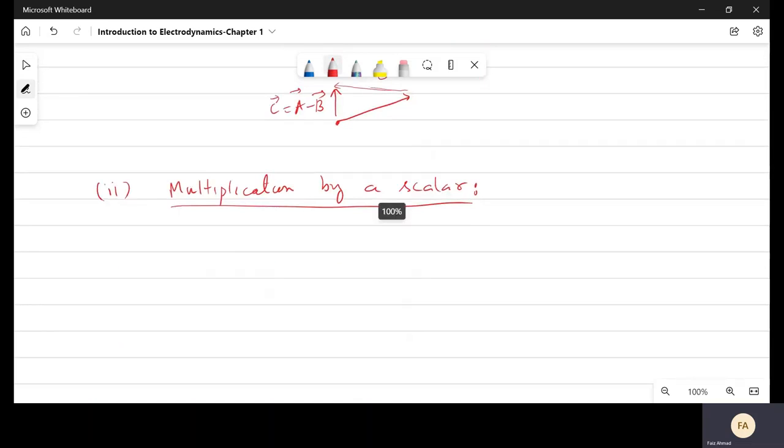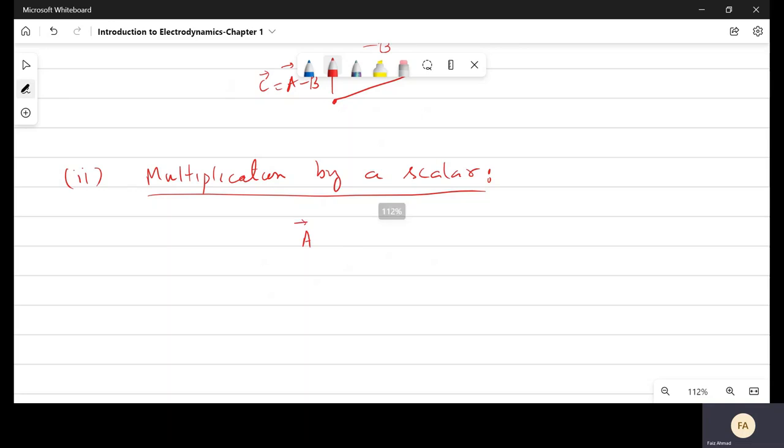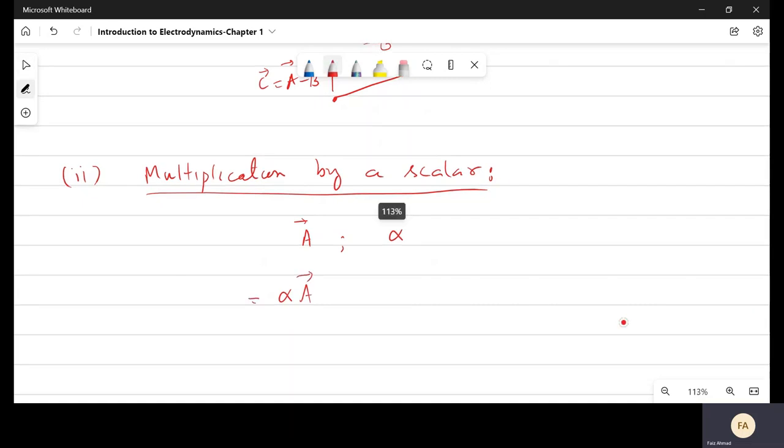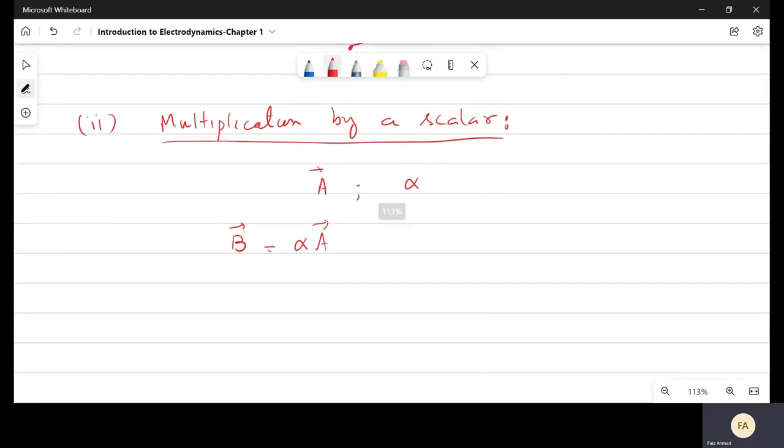So we have a vector A and we have some scalar number alpha. So multiplication of a scalar is very simple. You have some other vector, say B, which is just multiplication of a scalar number with vector A. This is just a number multiplication, a scalar number.